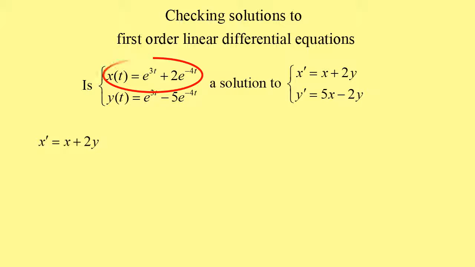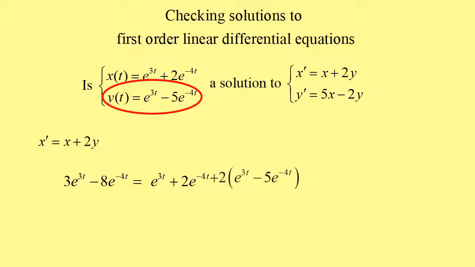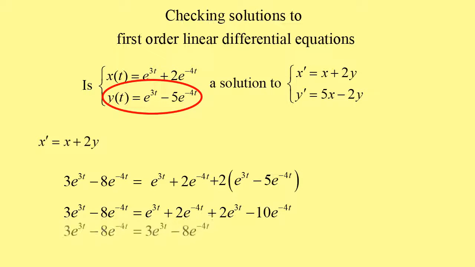So if we start with the first answer that we're claiming is a solution, we want to take its derivative to get x prime. Then we want to substitute that, x and y, and then simplify. And of course, since these are identical, that means that these are solutions to the first equation.